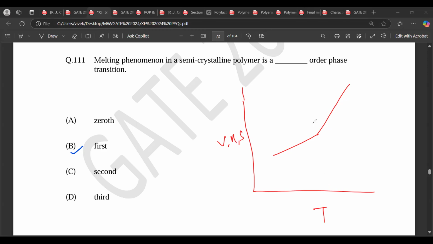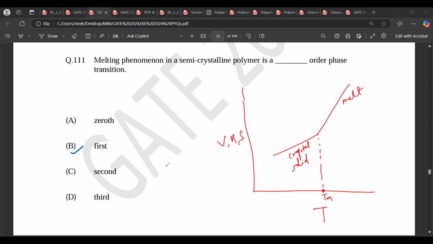If you're observing the transformation in dilatometry, here you have a melt or liquid, and at a particular temperature you get a crystal or solid. There will be a transformation temperature at which you get this transition.